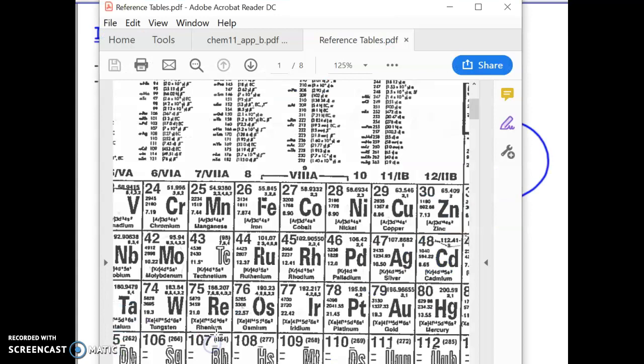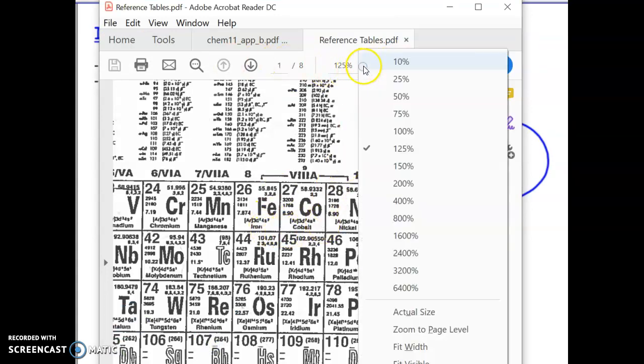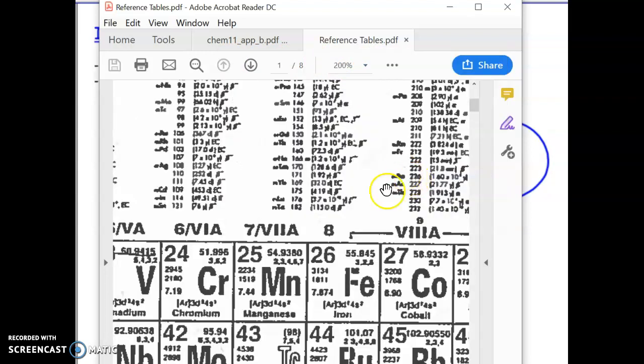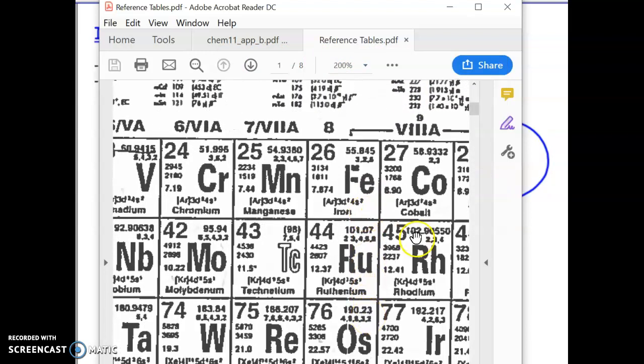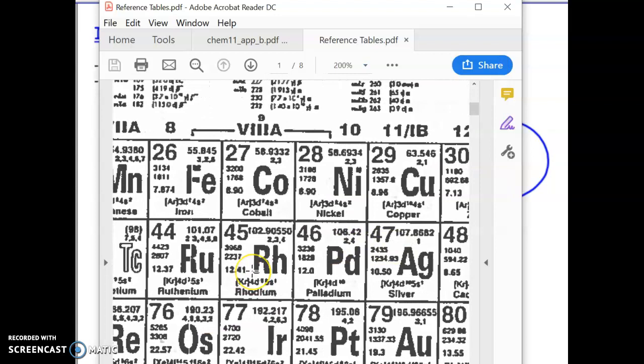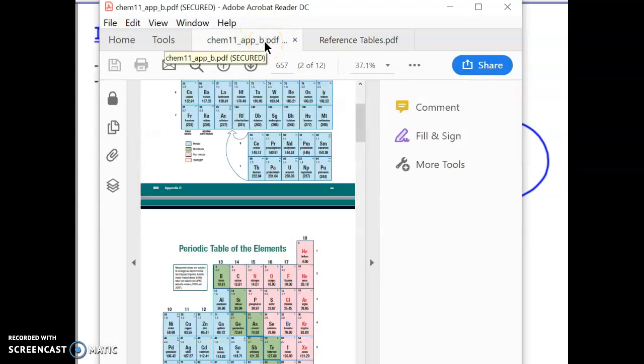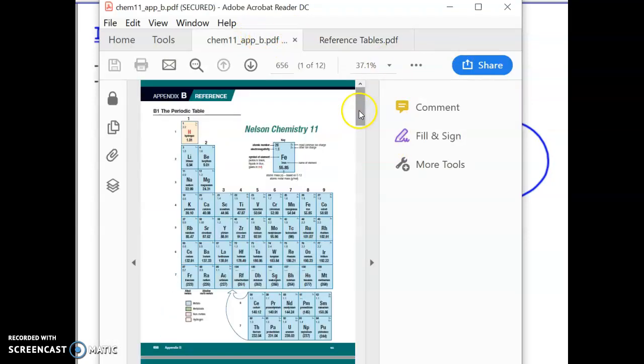Just so you know, when you are looking at your periodic table, there is a way that you can, let's see if I can zoom in a little bit more. Okay, so this isn't great. You can probably see it better on your scan, or I should say the one that you have even in your textbook. Let me see if we can use, so the one from your textbook is right here.